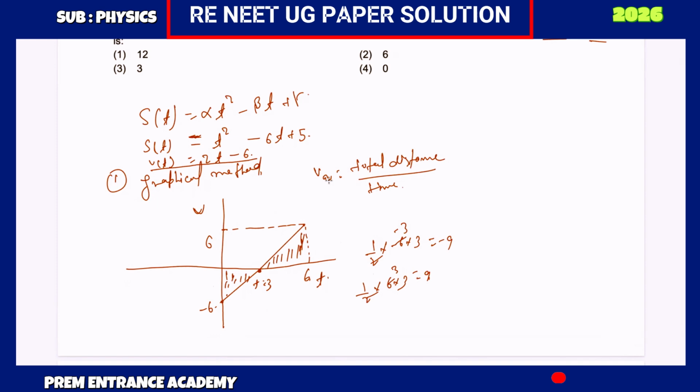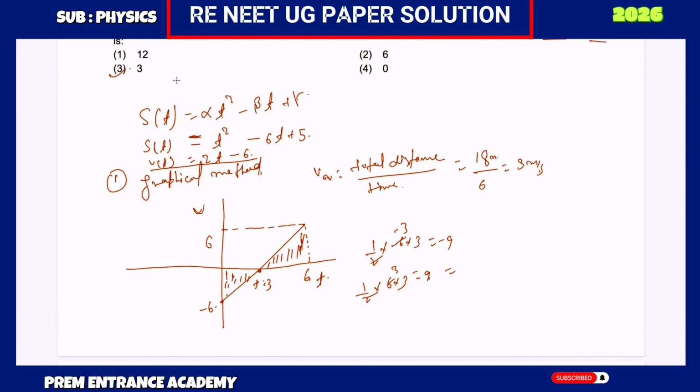Since we have to find the average speed, not velocity, we'll consider these as positive. So total distance will be 18 meter and time is 6 seconds. So average speed will be 3 meter per second. So option third will be your answer.